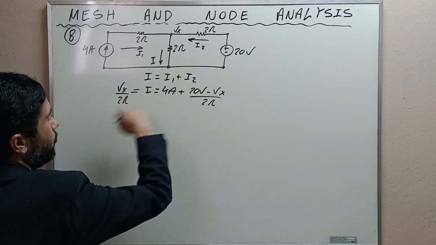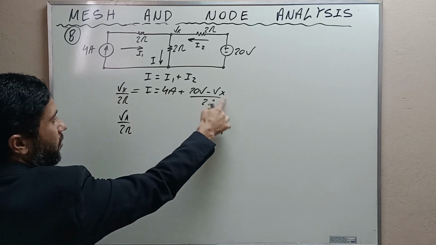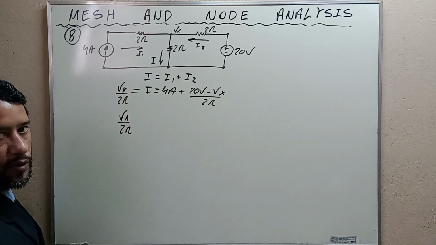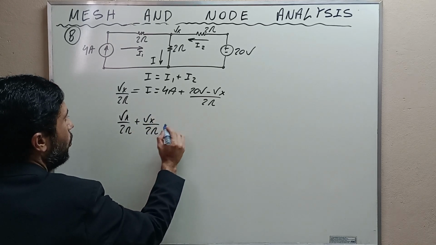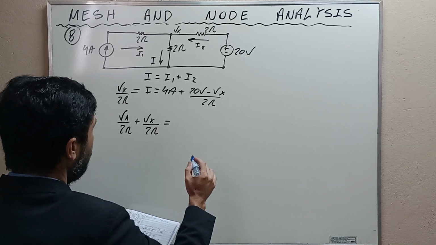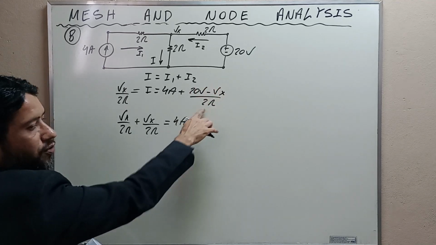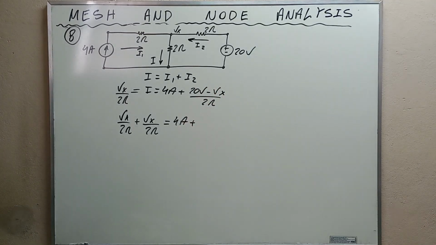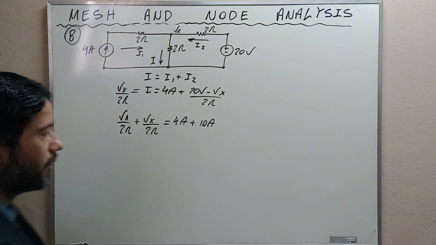We are going to work on this equation here. Let's pass this to this side. It is Vx over 2 ohms. Passing this negative to the other side, it becomes positive, plus Vx divided by 2 ohms, and this is equal to 4 amps plus 20 volts divided by 2 ohms is equal to 10 amps, okay?